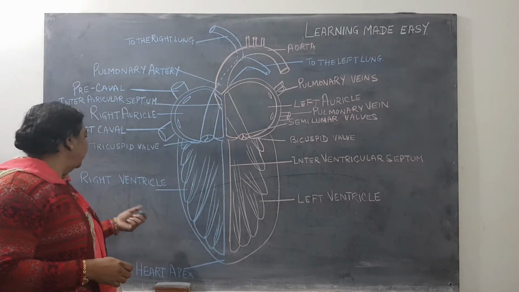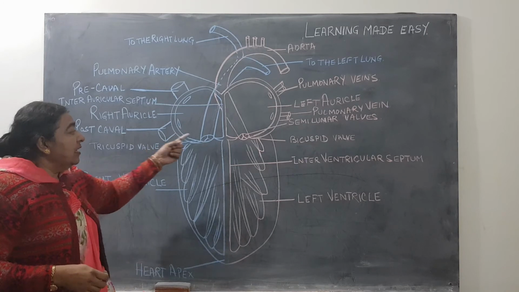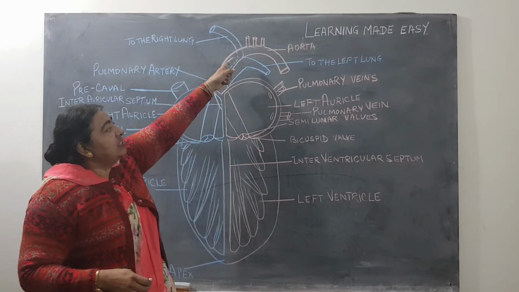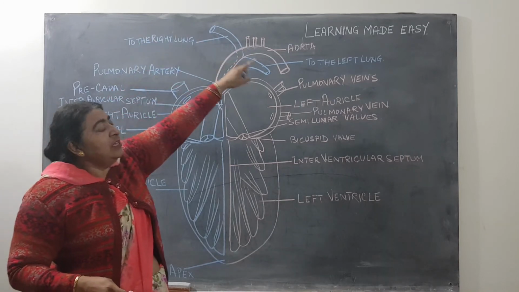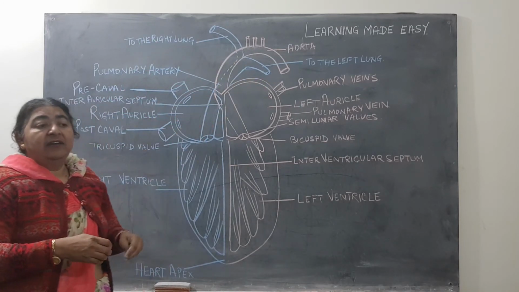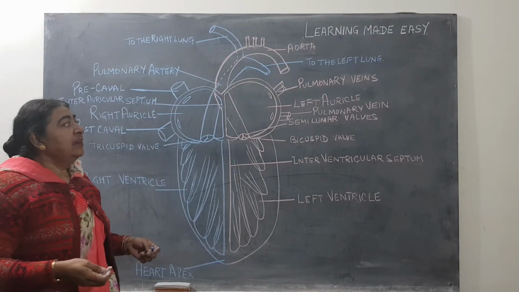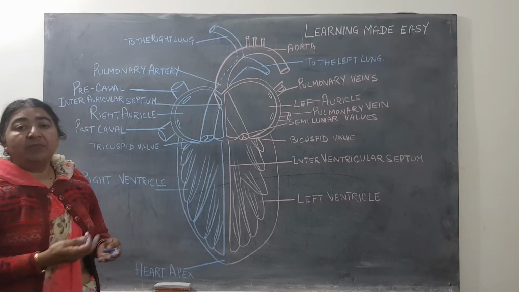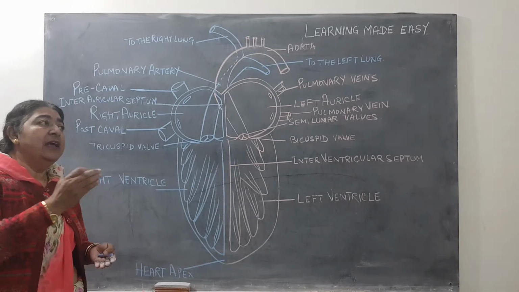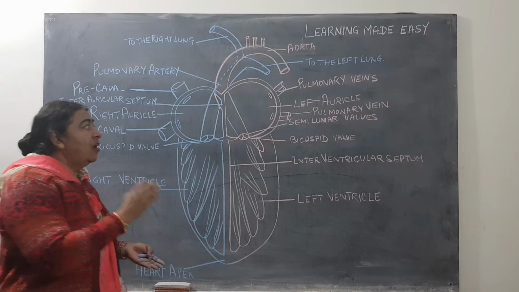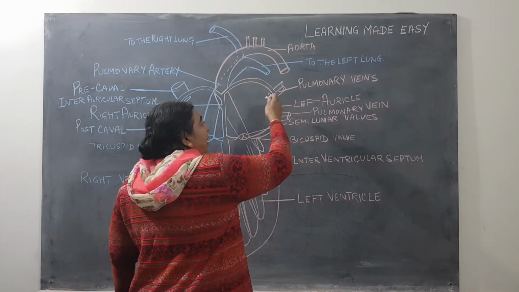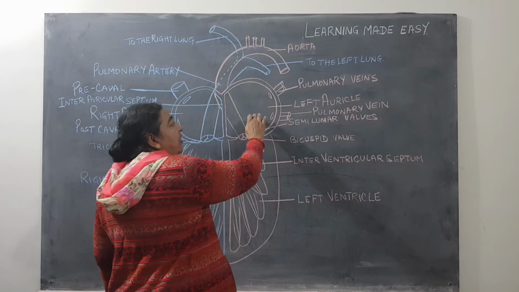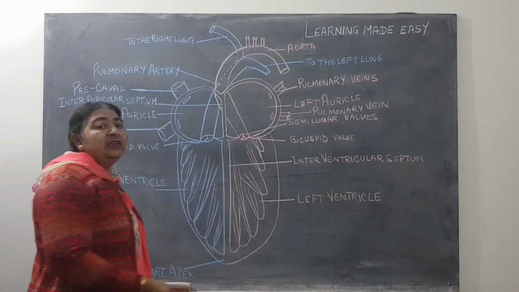While on the other hand, right ventricle takes the deoxygenated blood, and I have labeled them to the right lung and to the left lung, where they are oxygenated again. That means they will leave carbon dioxide there and will gain oxygen there. Now the blood is again called oxygenated blood, which will enter back into left auricle for the circulation in the body.